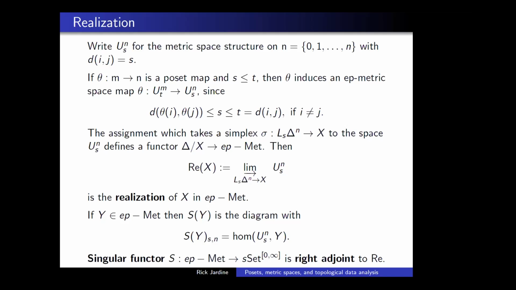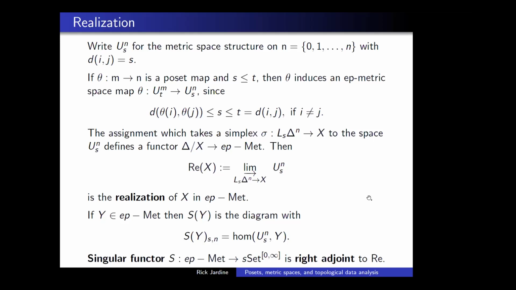It was automatic back in the day that the realization functor had a right adjoint, namely the singular functor. And that was the first known example of an adjoint pair of functors. That's where the term came up, that's where it was invented. And this singular functor from extended pseudometric spaces to diagrams is right adjoint to realization the way I've defined it by this co-limit. And that's no accident.